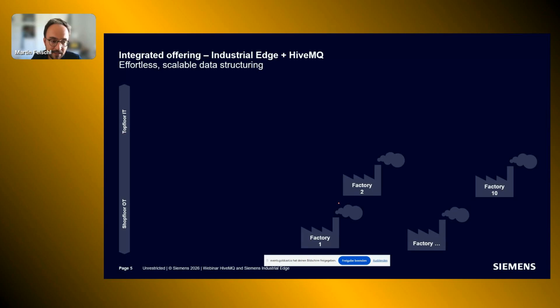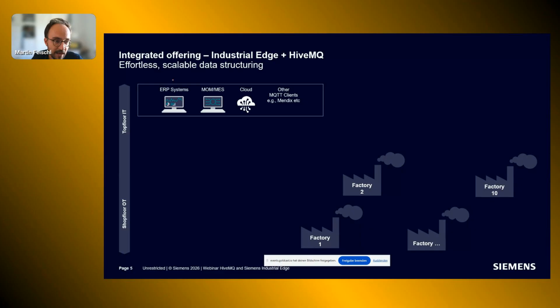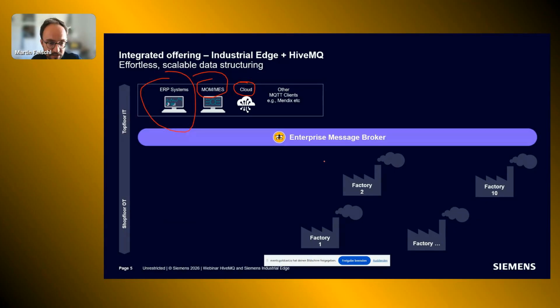And on the top row, we have our IT systems again. We have an ERP system. We have, of course, to realize our use case, an MES system and cloud analytics. And to avoid this kind of spaghetti architecture, we're introducing the message broker from HiveMQ. And luckily, the IT systems have the MQTT interface already in place.